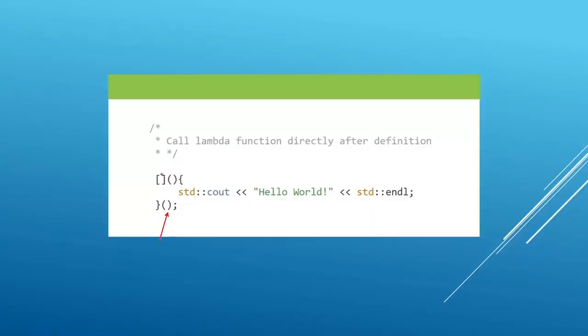So we have a lambda function, we have our curly braces, we have our parameter list, we have our body here, and after the closing curly brace, we're going to add a pair of parentheses to call this lambda function. And because this lambda function takes no parameter, we're not going to put any argument within our parentheses here, and this is going to call our lambda function. Don't worry if you find this confusing. We're going to head over to Visual Studio Code in a minute, and all of this is going to make sense.